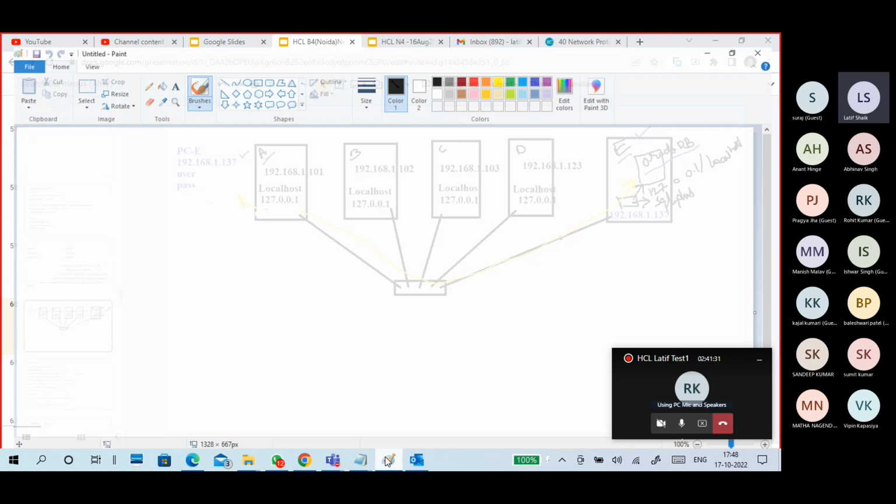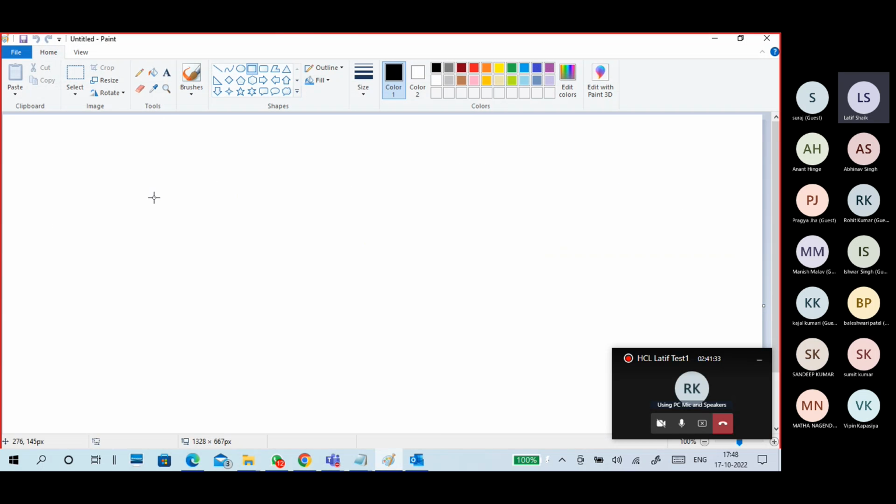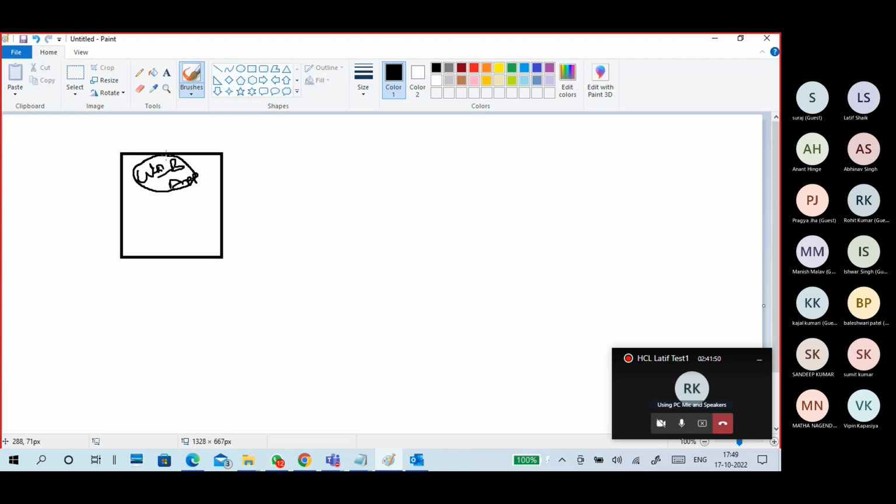So we'll see, guys. I have an application. This is my PC. In this PC, I have installed some application, for example, a web related application like Tomcat, which I make as a web server. So I want to test it, configure it, and do something with it from my PC.